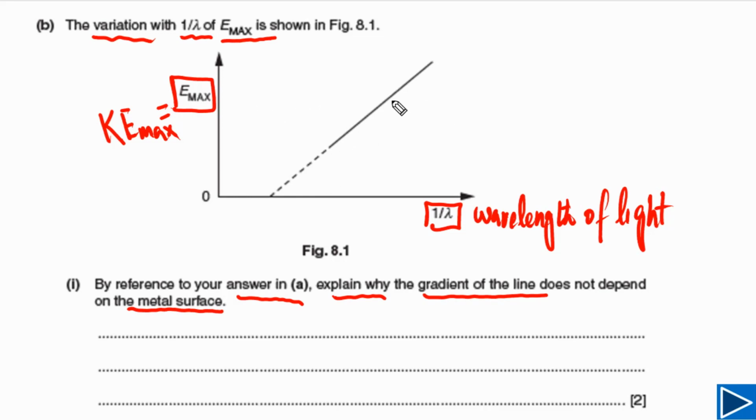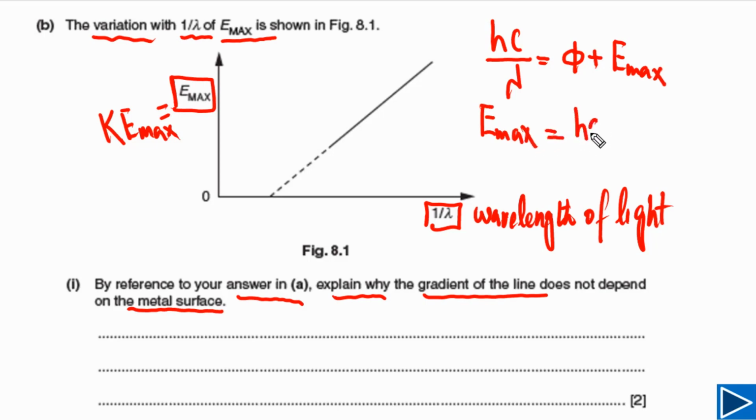Now, in order to answer this question, we simply need to use our answer in part A. In part A, we wrote that hc over lambda, the energy of the photon, is equal to the work function plus E max, the kinetic energy maximum of the photoelectron. Now we just need to rearrange this. If we rearrange a little bit, we can write E max is equal to hc times 1 over lambda minus phi, the work function.